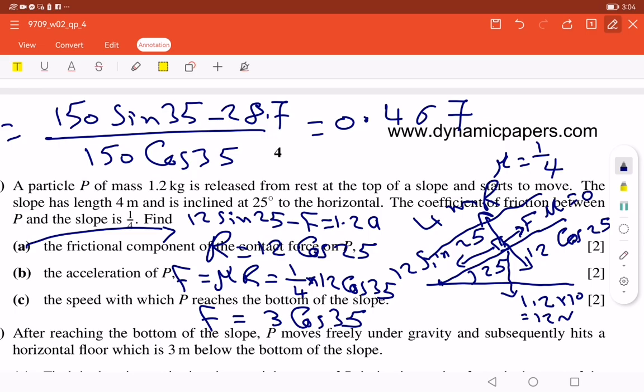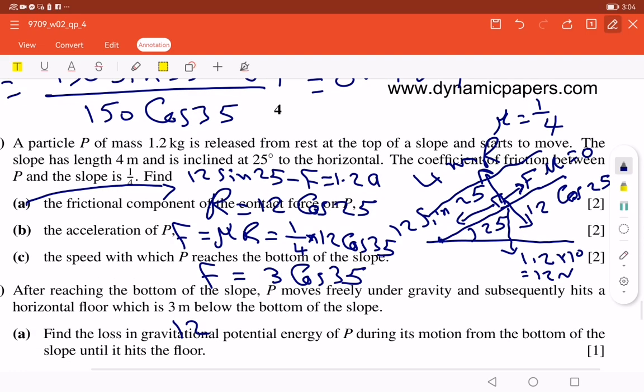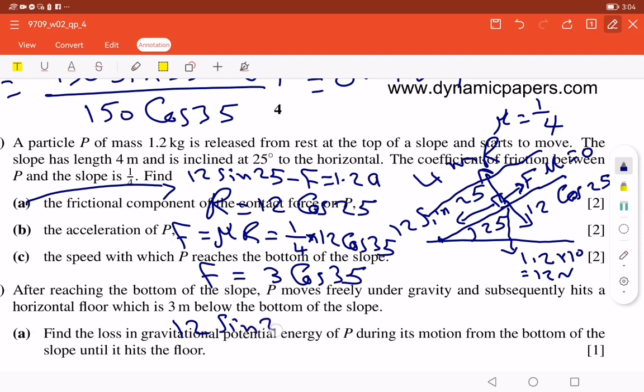Replace F with 3 cosine 25 to get 12 sine 25. Sorry, this angle is 25, not 35, by the way. 12 sine 25 minus the value of F, 3 cosine 25, equals 1.2a.